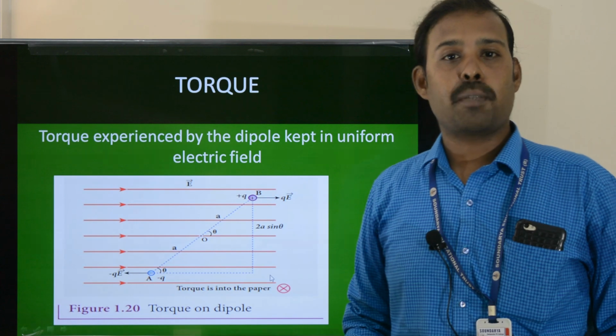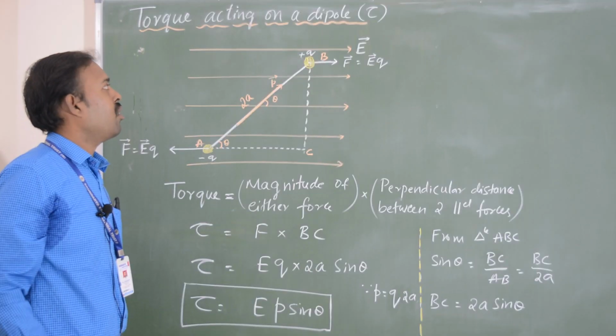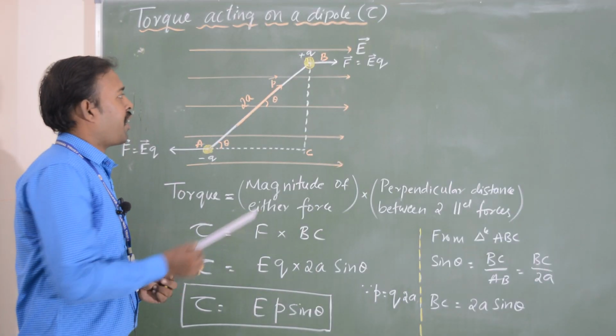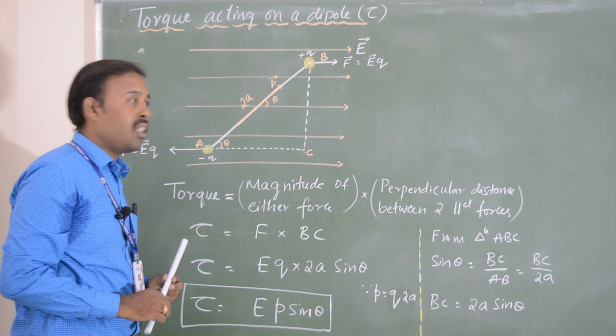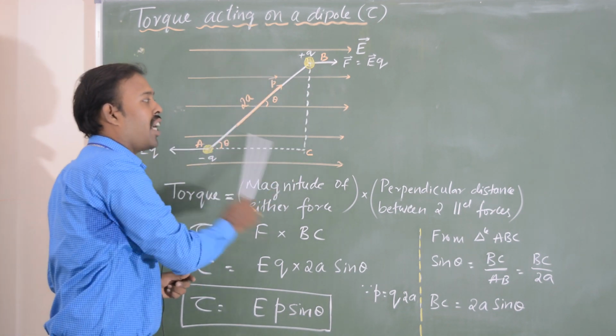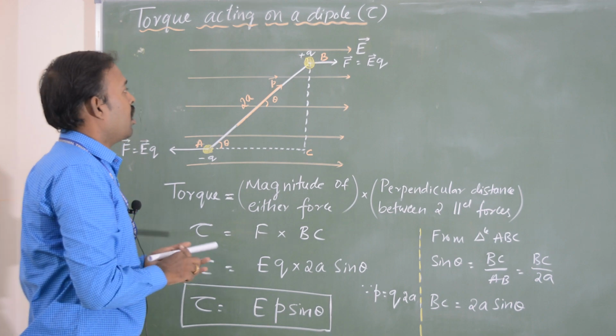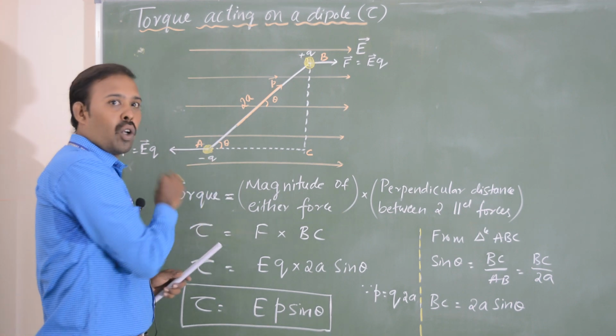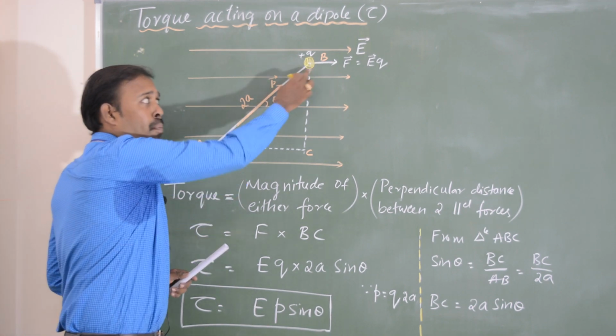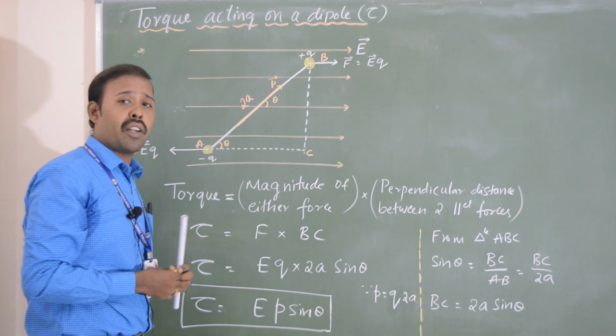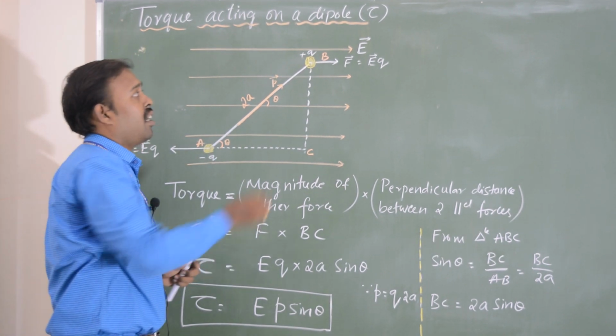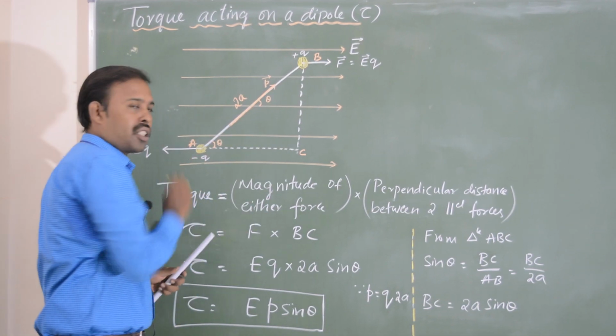Now we will see the torque experienced by the dipole kept in an electric field, and we derive an expression for torque. See here, I have kept a dipole in a uniform electric field. Now this dipole, if kept in an electric field, will experience equal and opposite forces.